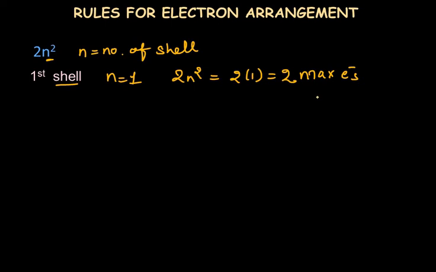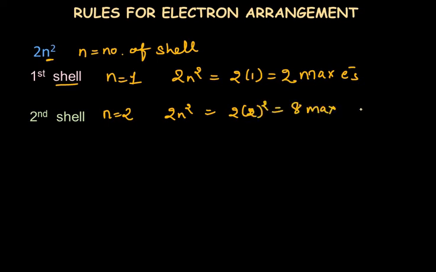The third electron cannot be filled in the first shell, so the third electron will go to the second shell. But how many electrons can be filled in the second shell? Use the same formula: n is equal to 2 because it's the second shell. Substituting 2 in the 2n squared formula, we get 2 times 2 squared, so 8 electrons. So in the second shell we can fill a maximum of 8 electrons.